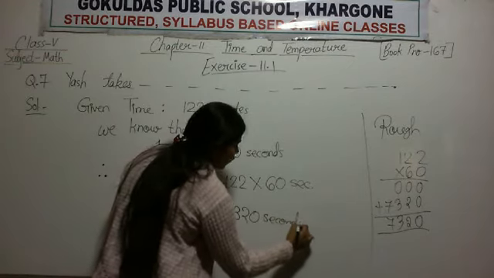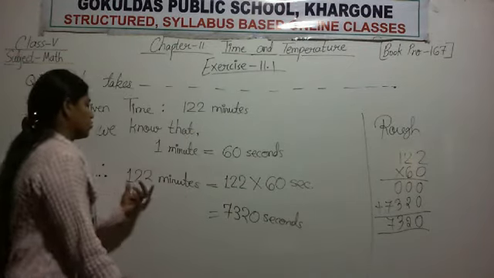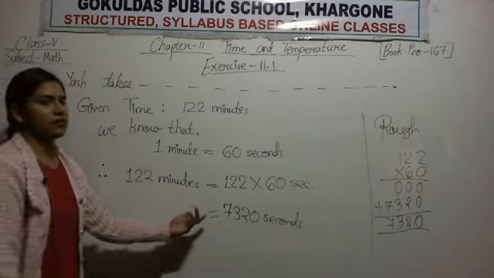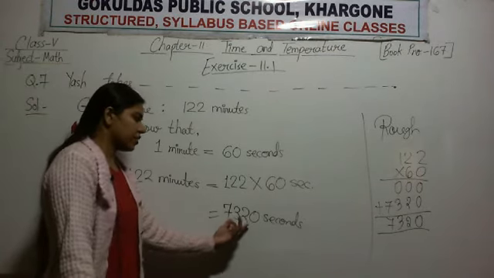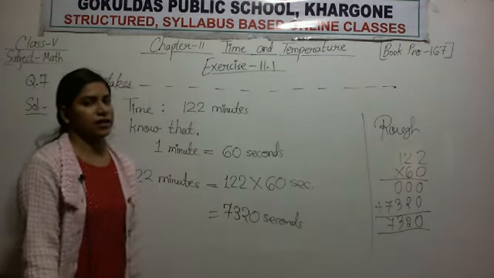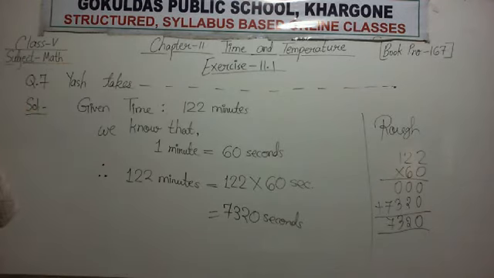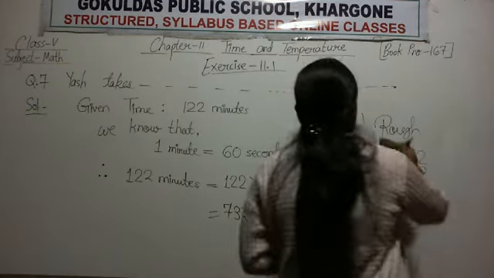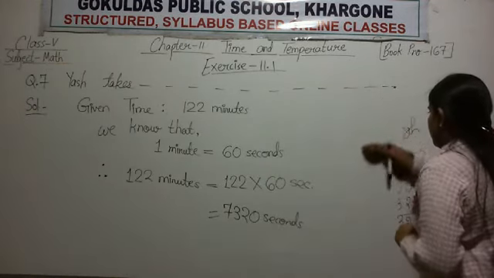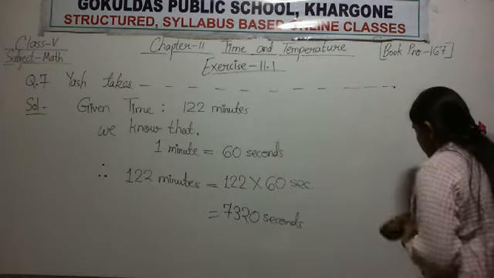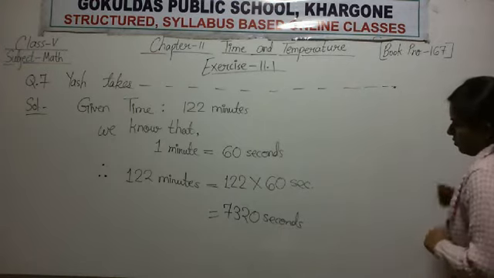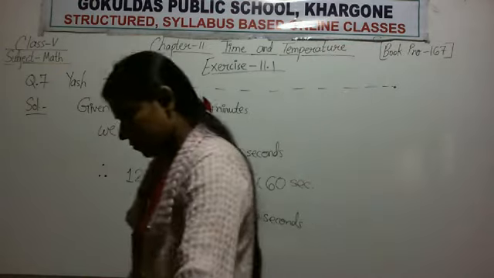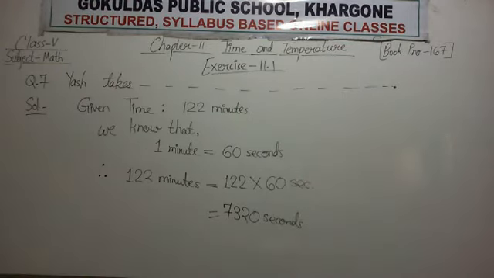Do not forget to write this unit, okay? So 122 minutes will be 7320 seconds. Take the screenshot of the solution.